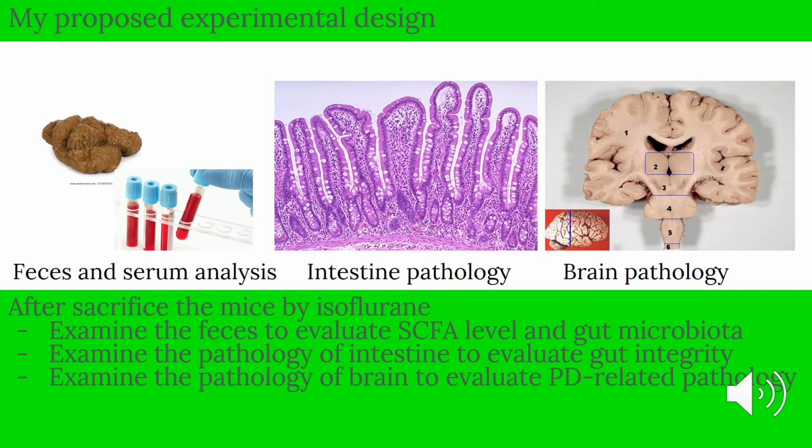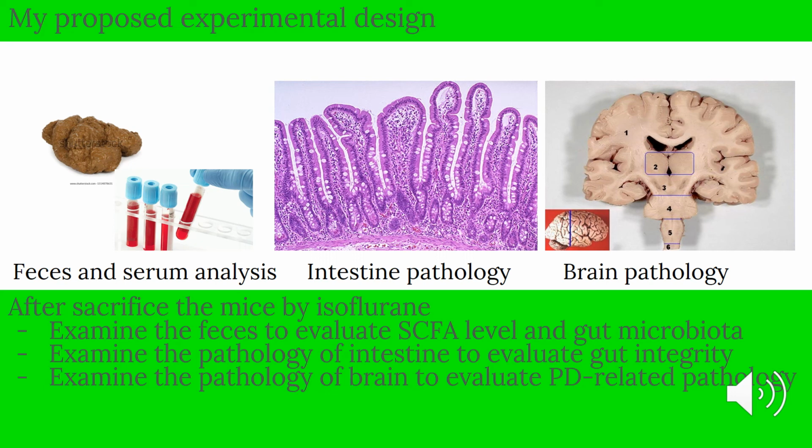And after the behavioral test, we will sacrifice the mice by isoflurane to collect feces, intestine, and brain. The feces will be analyzed to evaluate short-chain fatty acid level by gas chromatography technique and for gut microbiota analysis.